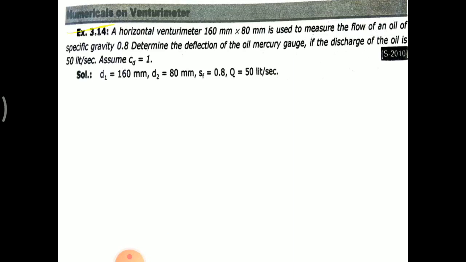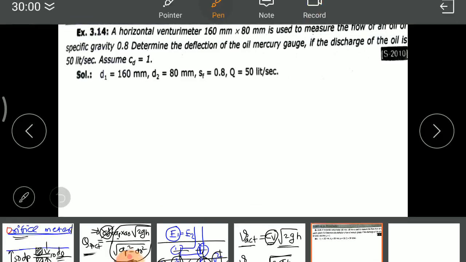The problem statement is: a horizontal venturimeter 160 mm by 80 mm, these being the diameters of the venturimeter, is used to measure the flow of an oil of specific gravity 0.8.